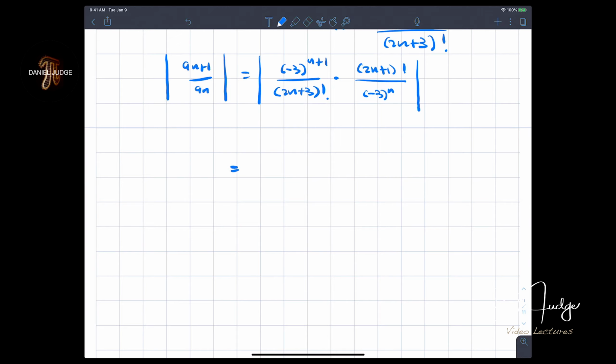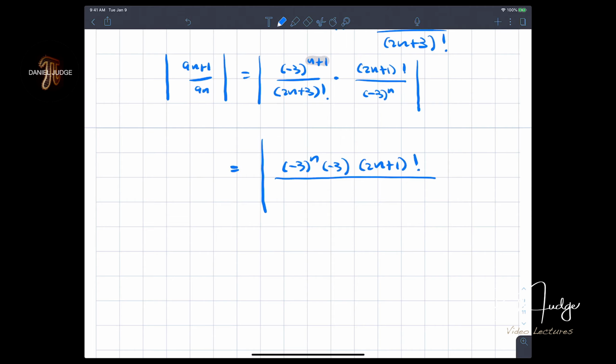And now we get to use some properties of exponents. Negative 3 to the n times negative 3. This is (2n plus 1) factorial.